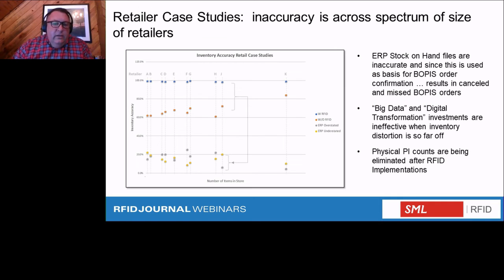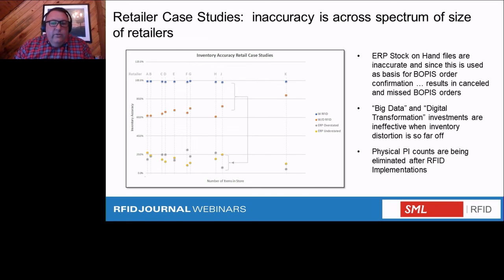So basically, these are just a sampling of the retailers that we've worked with in pilots. And across the bottom axis is the number of items in the store, and the vertical axis is the inventory accuracy. And the orange dots that you see there in the middle is where their inventory accuracy is with their ERP system.